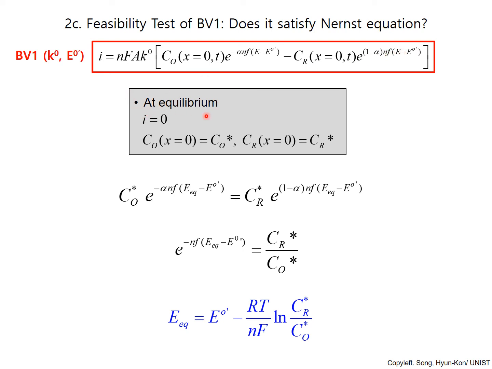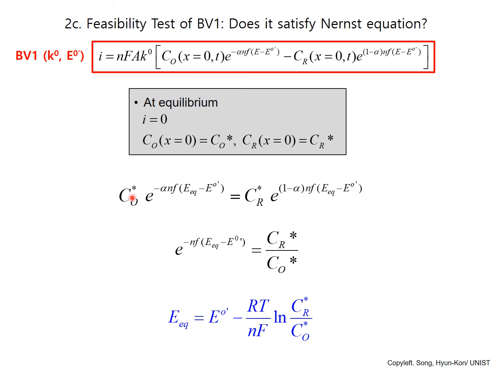At equilibrium, current should be 0 and the surface concentration should be the bulk concentration for oxidized species and reduced species. Let me put this equilibrium condition into the Butler-Volmer equation. Then current should be 0, so this term is equal to this term, and the potential should be the equilibrium potential, and surface concentration is converted to the bulk concentration.